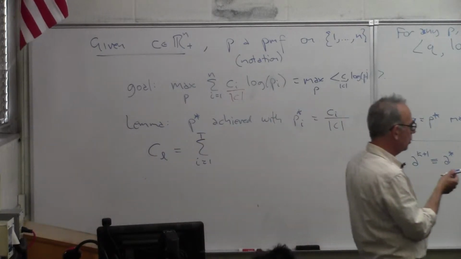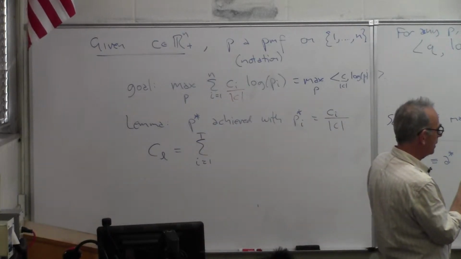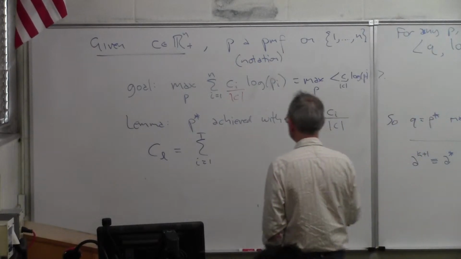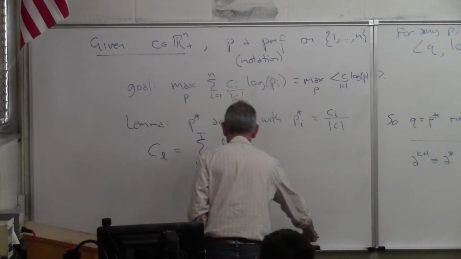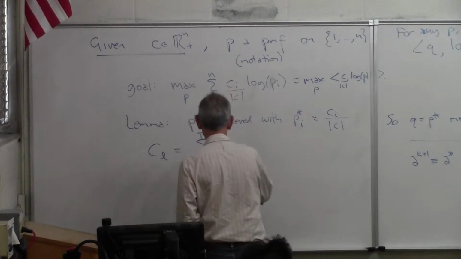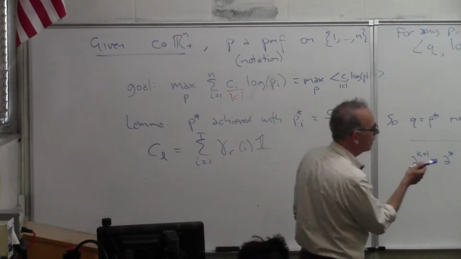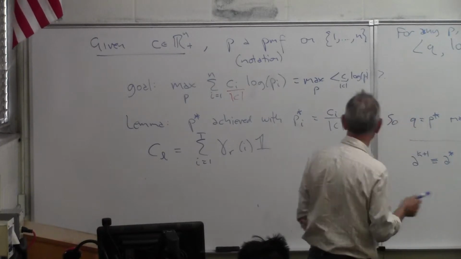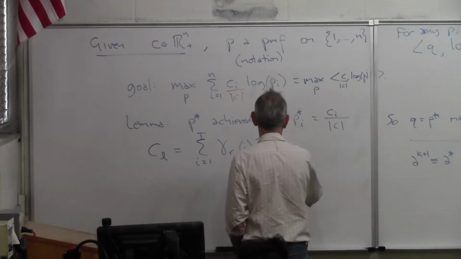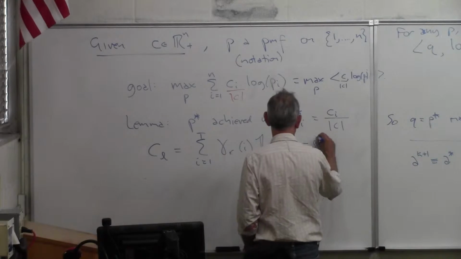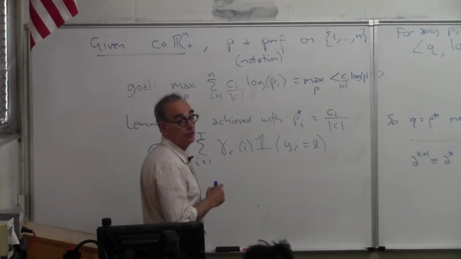And then ignore the sum over L, and I get a gamma Ri upside down, times an indicator function that yi equals L. And let's see if that looks intuitive now.